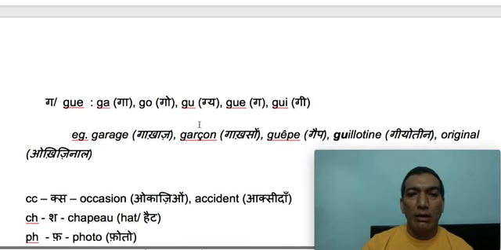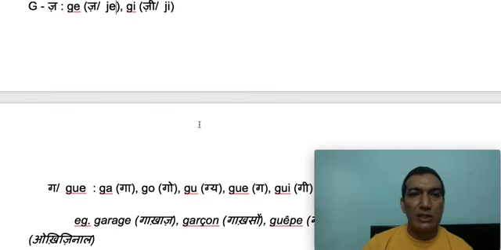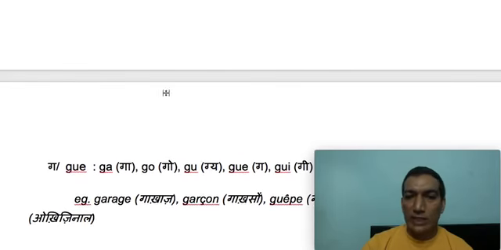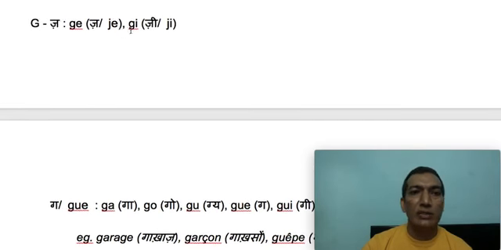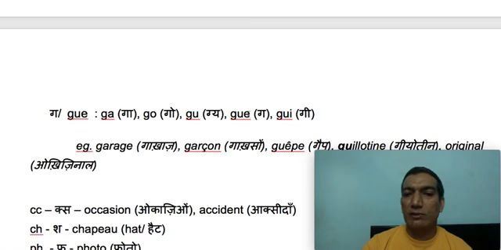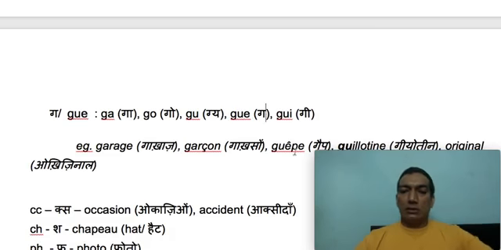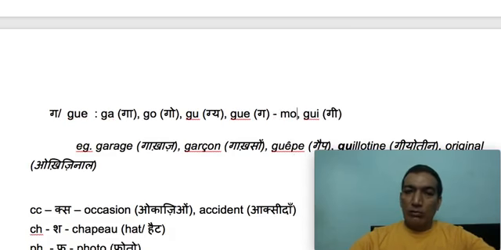So the same vowels. G becomes hard G when it is followed by A, O, U. And also, whenever in French there is a word where we want it to be pronounced as hard G before E, we add U before the E. Because ge is je, but when we add the letter U, gue is hard G. So there is an example, for instance, dialogue.